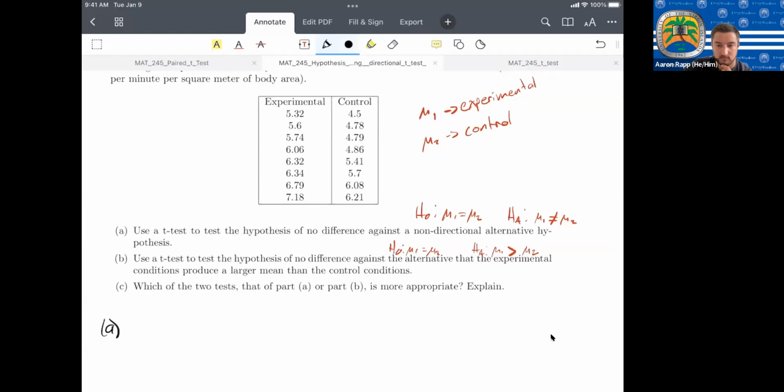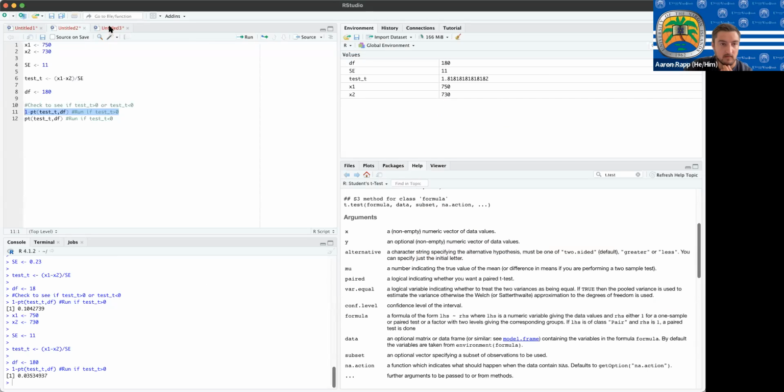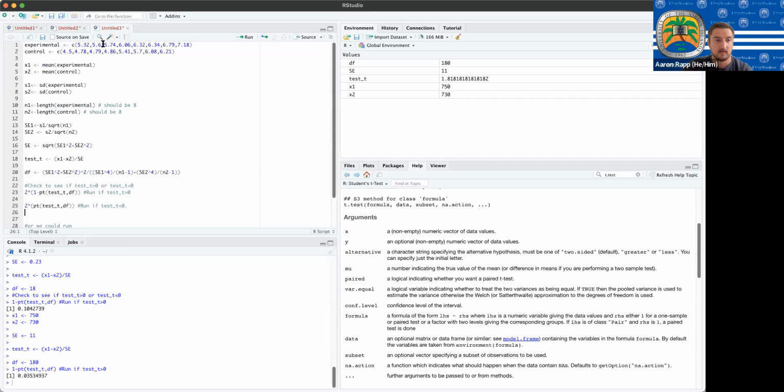So you're going to see here, I went ahead and typed in a vector of all the experimental values. If you compare to that PDF, you have that 5.32, the 5.6, 5.74, 6.06, and so on. And then a 4.5, 4.78, 4.79, 4.86, and so on.